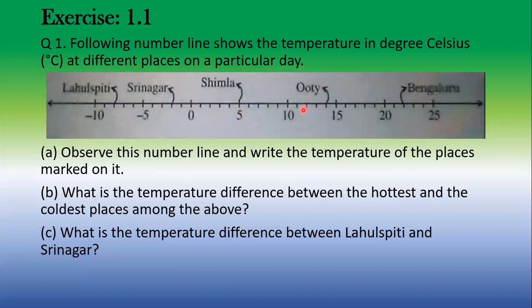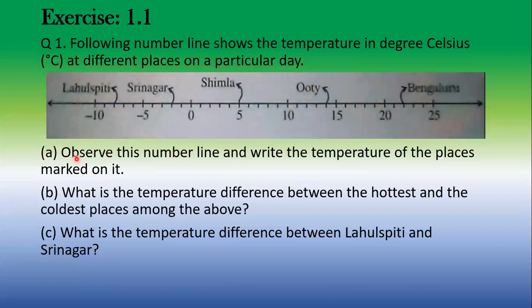Then Ooty, the temperature of Ooty is marked between 10 and 15. We will start from 10, 10, 11, 12, 13, 14. Ooty's temperature is 14 degrees Celsius. And then Bengaluru, which is the hottest place marked among these places, and its temperature is 22 degrees Celsius.